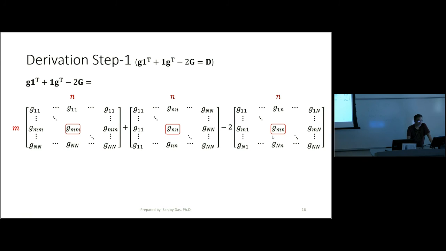So what do I get here? When I add them up, entry MN will be GMM plus GNN negative 2 GMN. Agreed? Which is what?